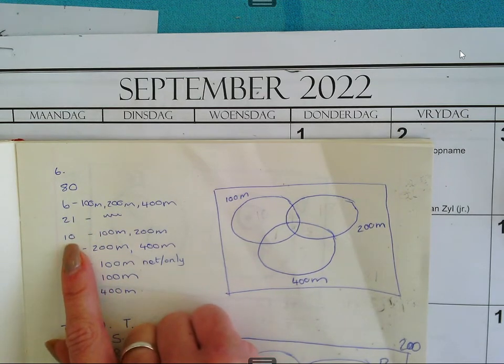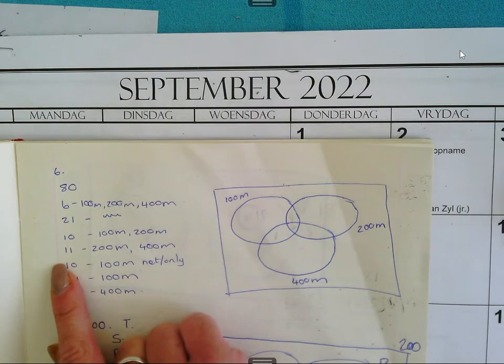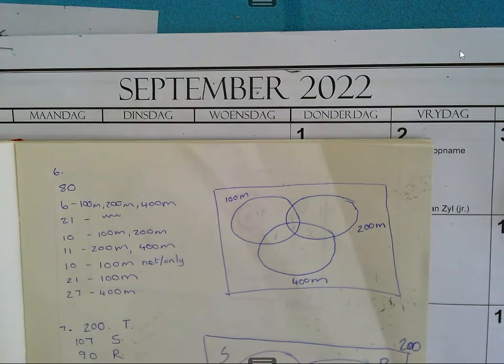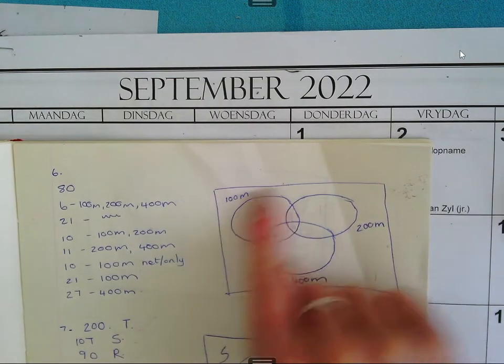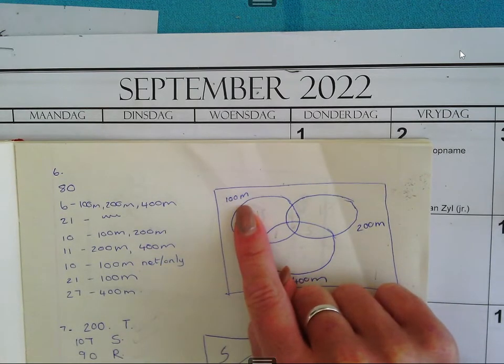Then they say 10 entered for the 100 and the 200, 11 entered for the 200 and the 400, and then there's a bit of a difficult sentence. They say of the 21 that entered for the 100 meters. So that means there's 21 in total that entered for the 100 meters, so the whole circle should be 21. That's one piece of information.